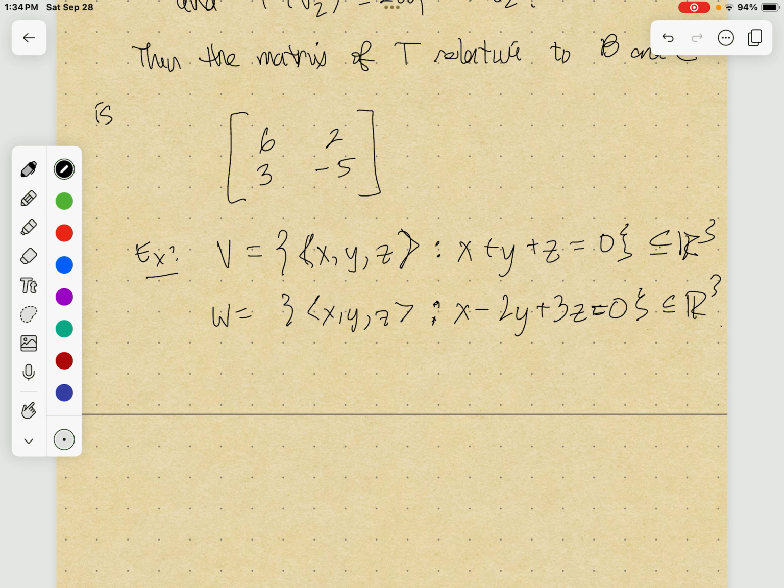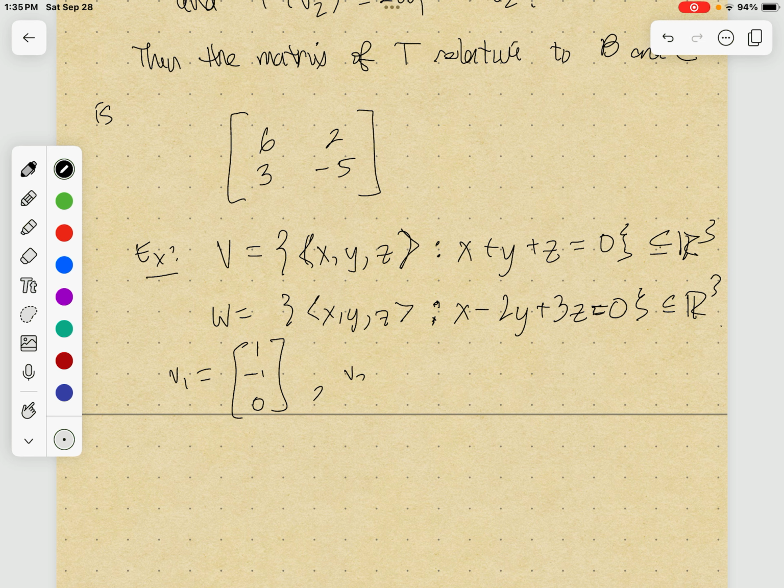And suppose that I have this basis V1, which is 1, negative 1, 0. Now we can check that V1 is an element of V because when x is 1, y is negative 1, and z is 0, you do in fact have x plus y plus z equals 0.